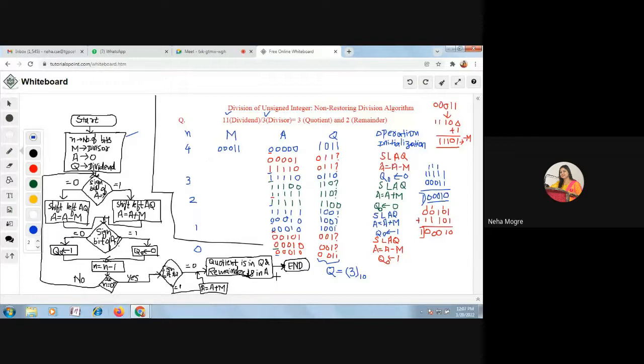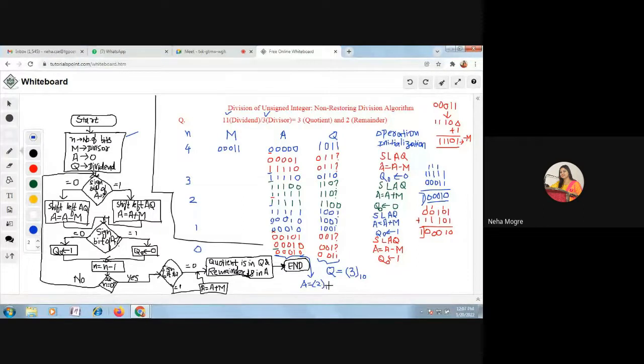And remainder is in A. So this is your A. Okay, I'm writing here. This is your A, which is nothing but 2, 2 to the base 10.